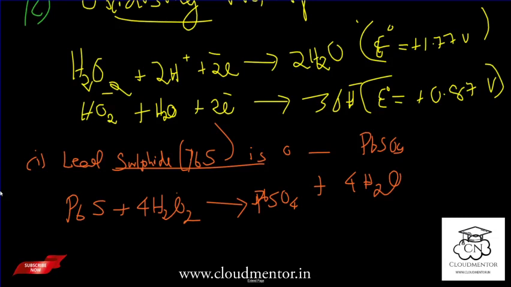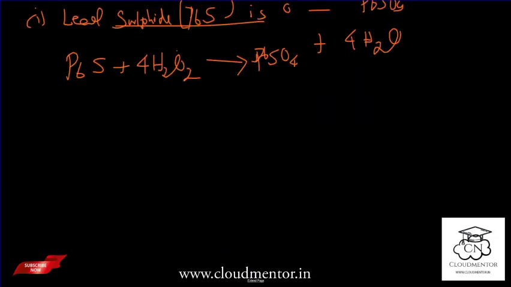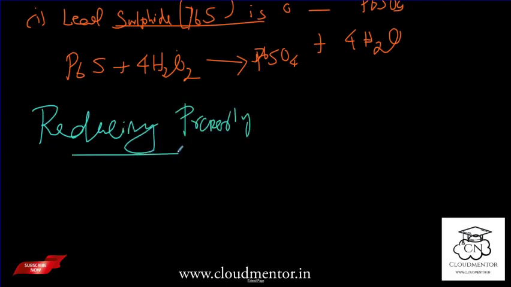Now we are moving to the next property, that is the reducing property. It shows both the oxidizing and reducing property.